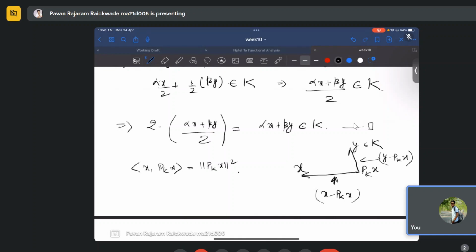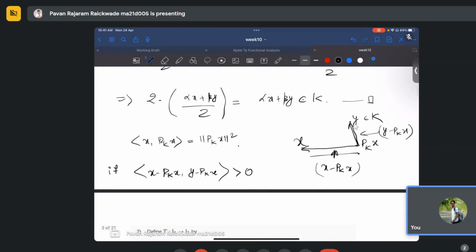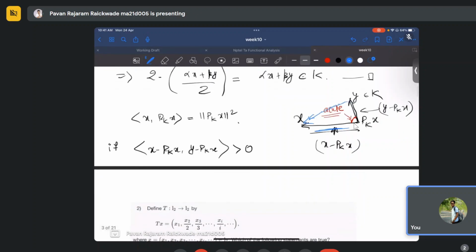Because we are in a real inner product space, if the inner product of x minus PKx with y minus PKx is greater than 0, that means the angle between these two lines is acute. If the angle is acute, then you can see this distance is smaller than this distance.